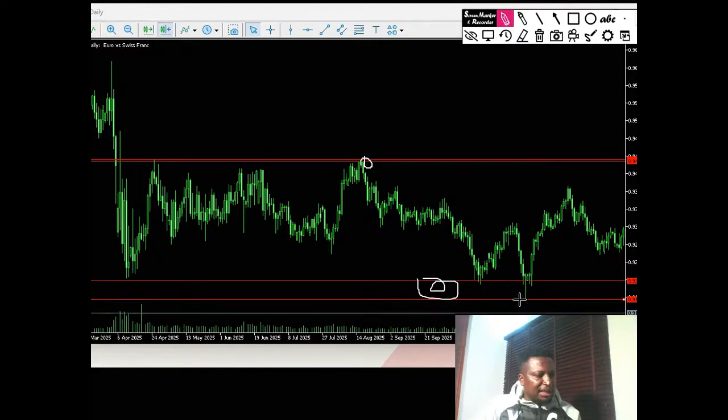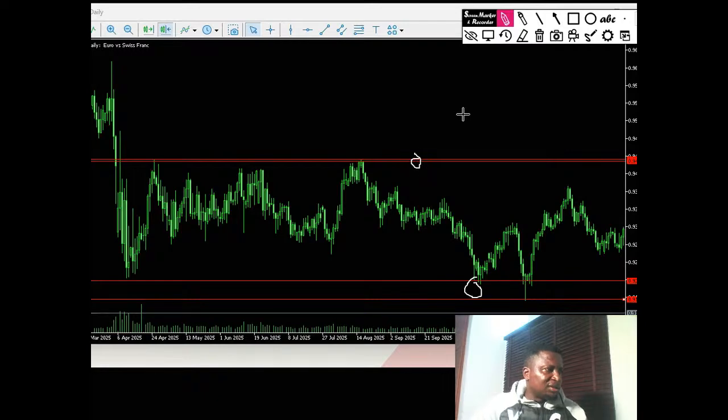You can see that from here to here is our support zone. Price is likely going to reverse here, or price will break it completely, touch here and go down. So these are our key levels.